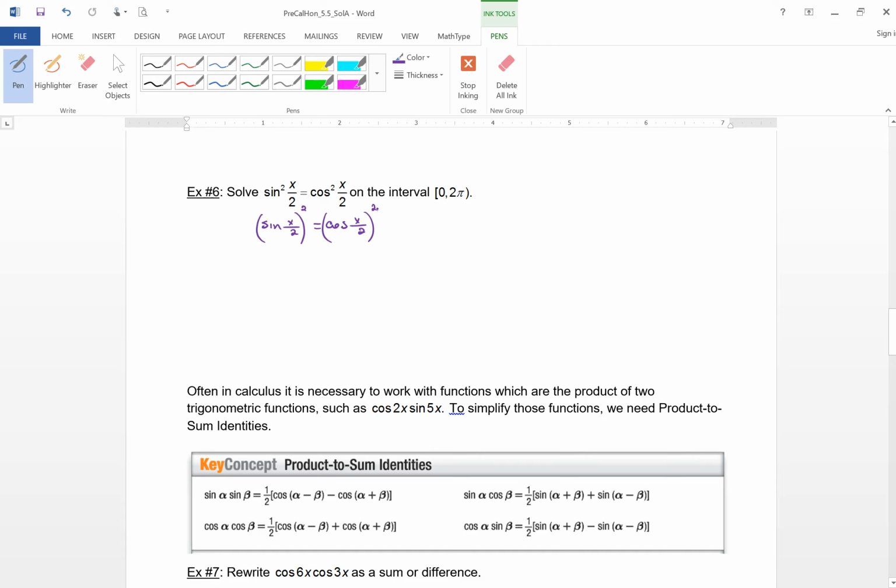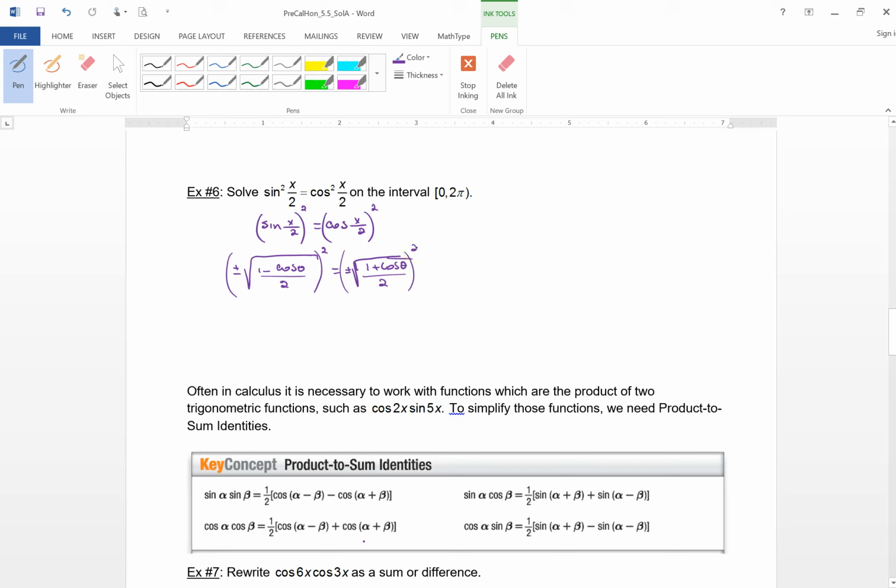Well, what's sine of x over 2? That's just the formula, right? It's plus or minus the square root of (1 minus cosine theta) over 2, squared, equals plus or minus the square root of (1 plus cosine theta) over 2, squared.